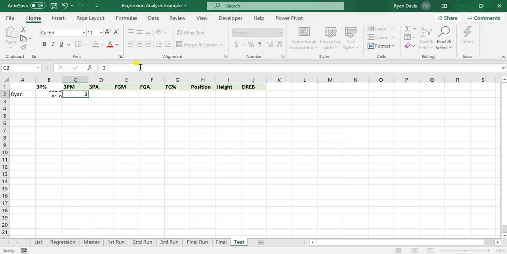So 3 and 6. For field goals, it needs to be something at least a 3, but I'm going to do a 5 and a 12.